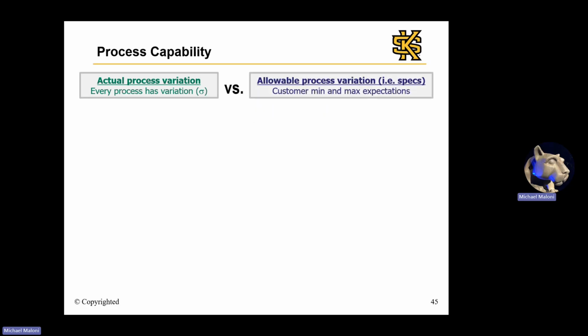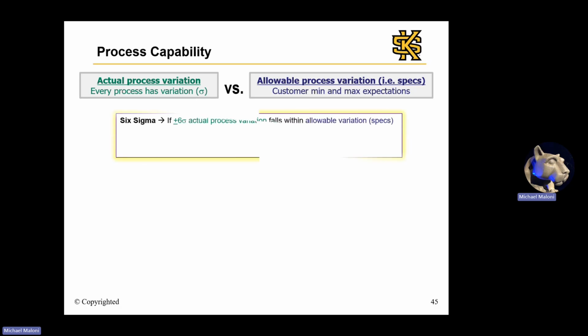One more time. Consider the actual variation of a process. Every process has variation to some extent. And then we compare that to variation allowed by the customer, meaning customer specs. A 6 sigma process means that plus and minus Six Sigma of actual process variation fall within customer specs.